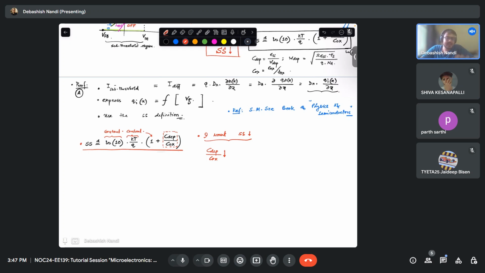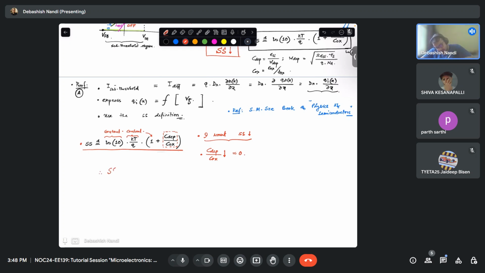So let's say, what is the minimum possible value of this term? Can this be negative? The ratio of capacitances, can this be negative? This cannot be negative, right? This is the ratio of capacitances. So what is the possible minimum value? The possible minimum value is 0. Fine.